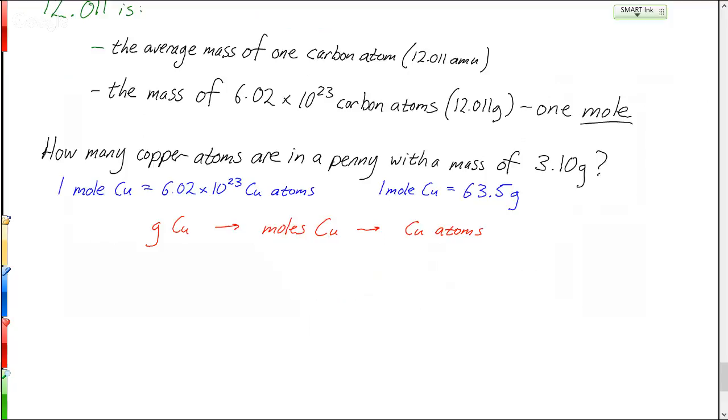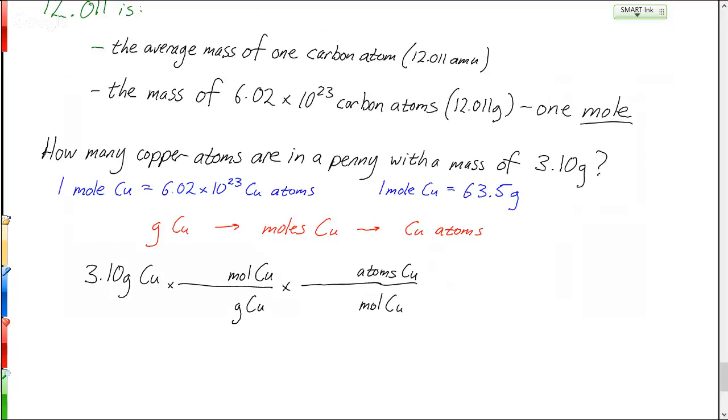We set that up the same way. Based on the question, we have 3.10 grams of copper, and we're going to go from grams of copper to moles of copper. The abbreviation for moles is MOL. It's not much of an abbreviation because you only lose a couple letters, but that's what it is. So we cancel grams of copper, and then we can cancel moles of copper and get atoms.